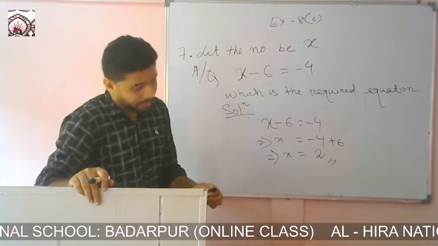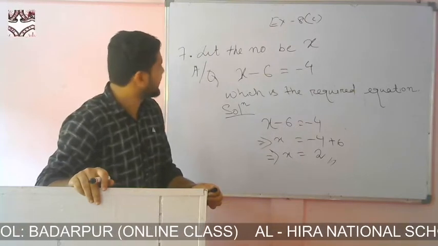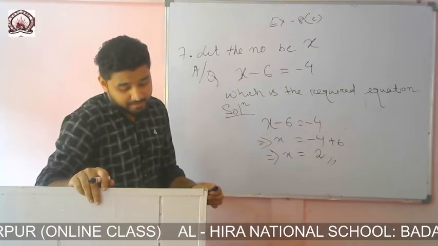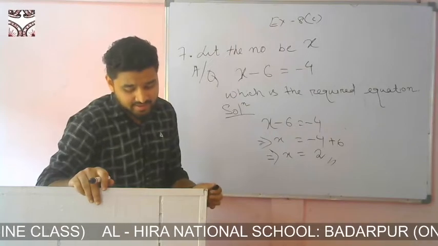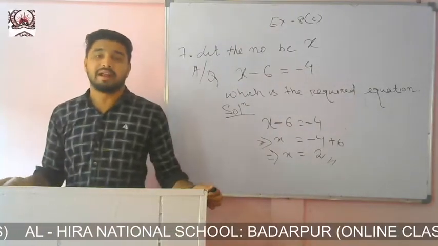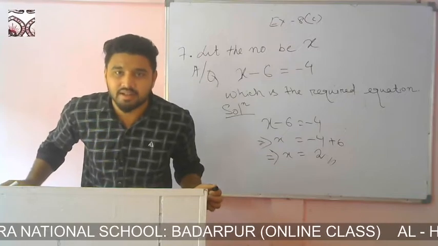Now you see the question number 7. The number divided by 6 equals 7.